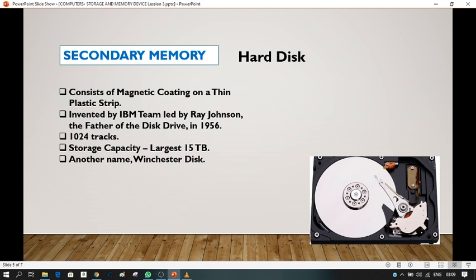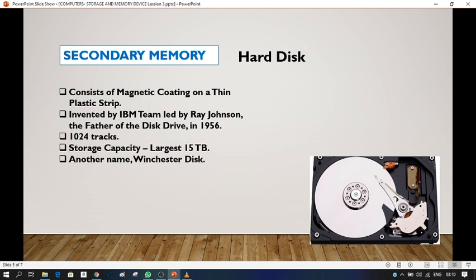Normally, the hard disk has 1024 tracks on it. Now you may think, what is a track?